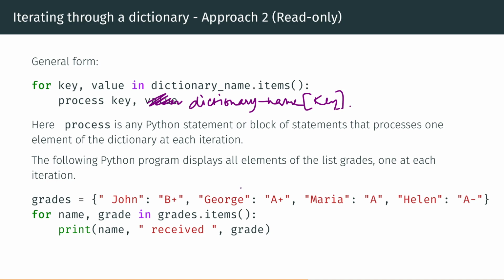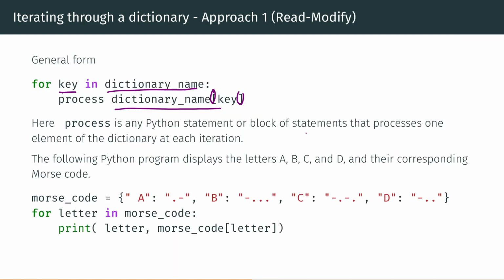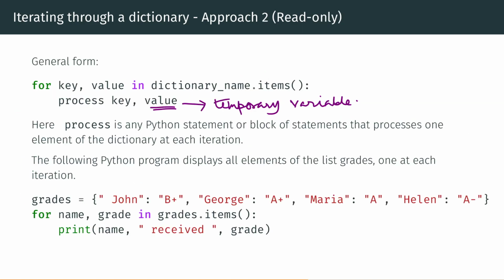You could do that, but using just the value, you cannot, because the value is a temporary variable. So if you don't want to use this form, it's completely okay, because the previous form is versatile enough. This form can do everything. So if you don't want to use the second form, that's completely okay.